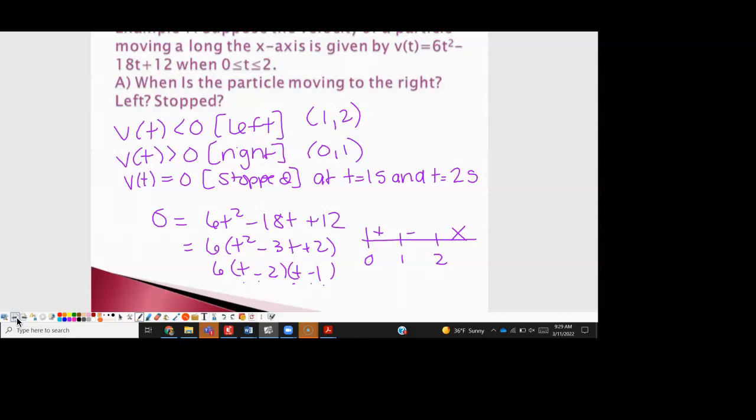So the total distance is going to be initial position plus the integral from 0 to 1 plus the integral from 1 to 2. No, not plus the integral from 1 to 2. Minus, because the integral would be below. So how do you negate a negative area? You subtract it.